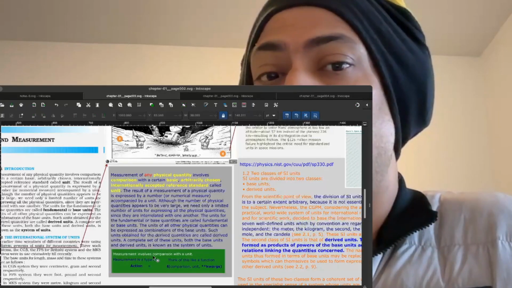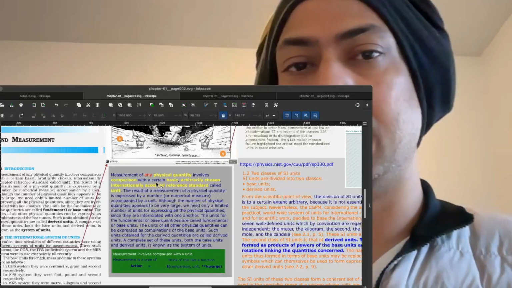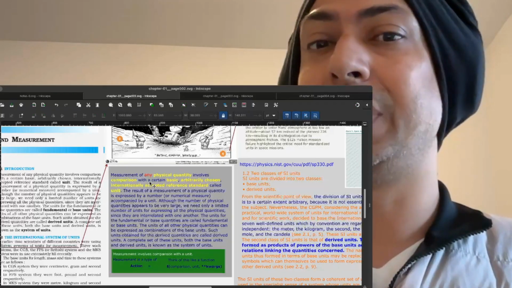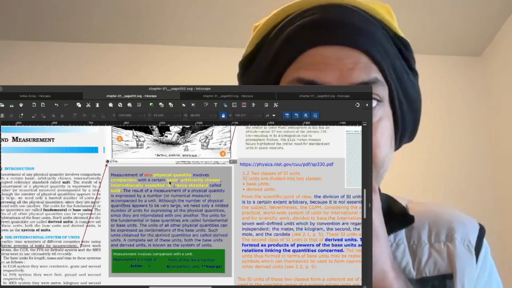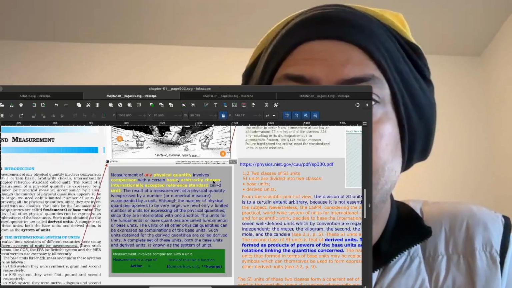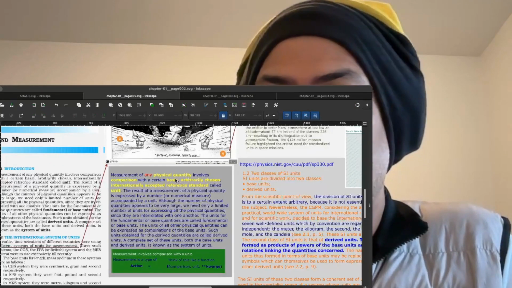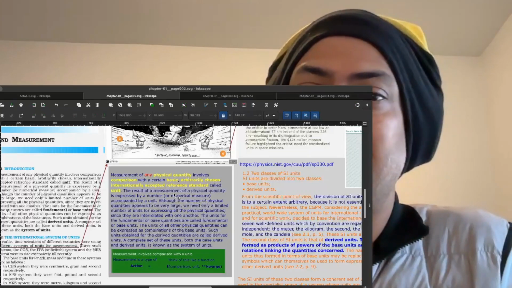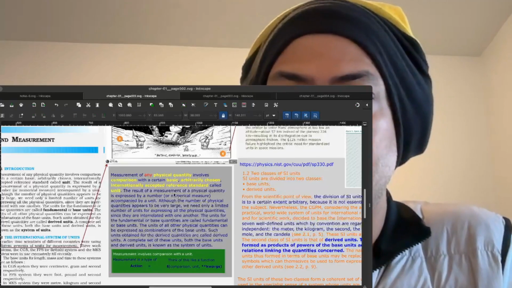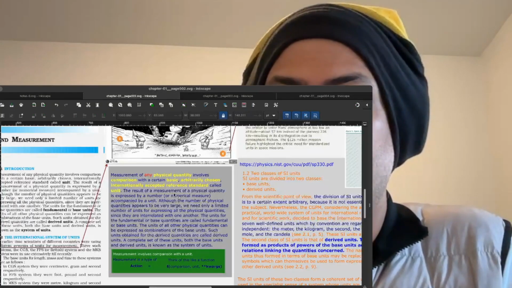So measurement involves comparison with a unit. We see the definition of unit here. The unit is basically described as a certain basic, arbitrarily chosen, internationally accepted reference standard, and this thing is called unit. So this sentence implicitly has the definition of unit, but it's talking about an action.